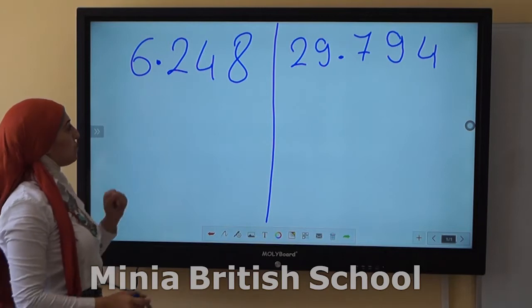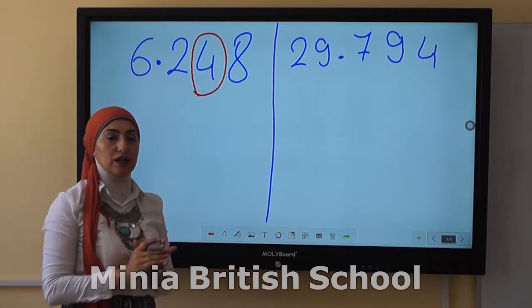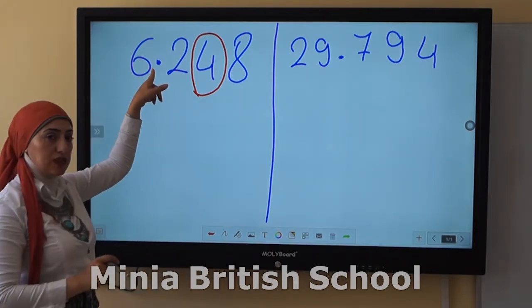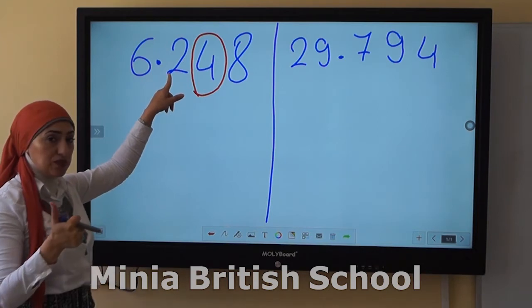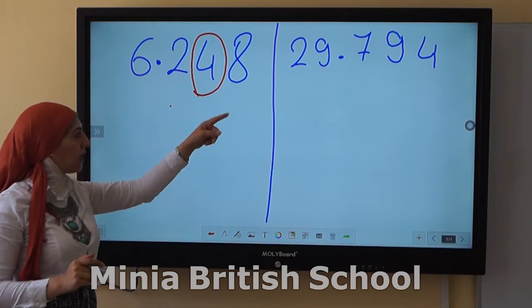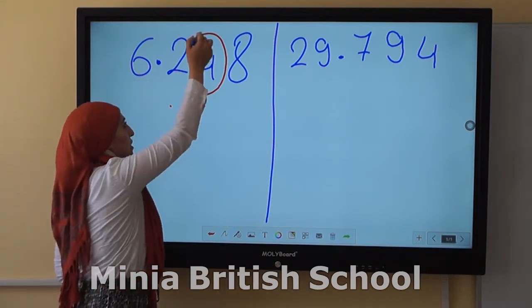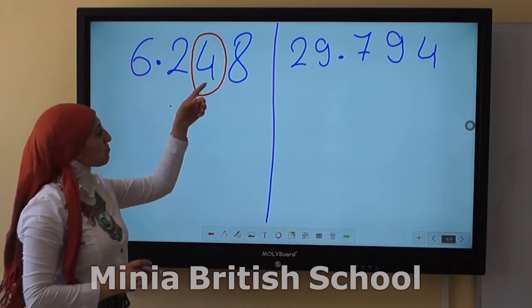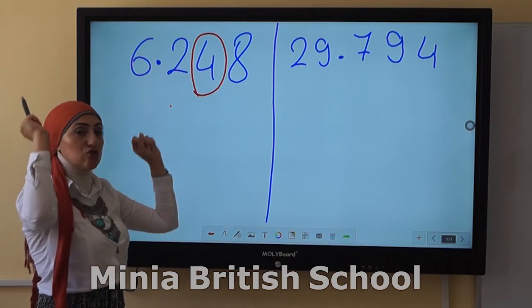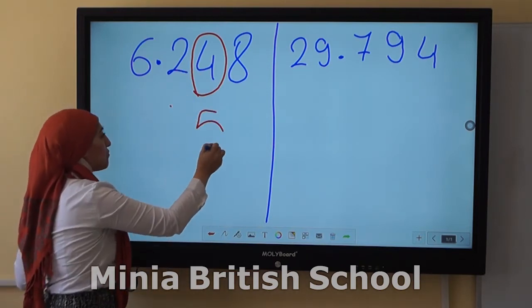Okay, here, first of all, I determine the hundredth. Then, let's remember, after the decimal point: tenth, hundredth, and thousandth. Okay, so here, this is the hundredth digit. What about the next digit? 8 is strong, so it will push it up, so it will be 5.